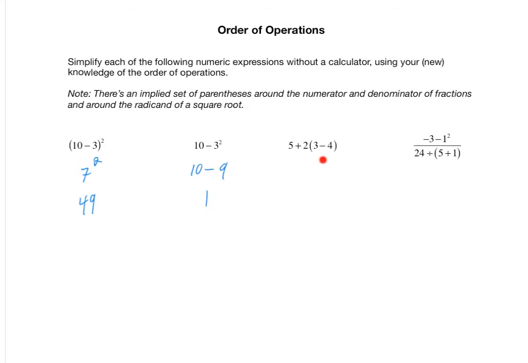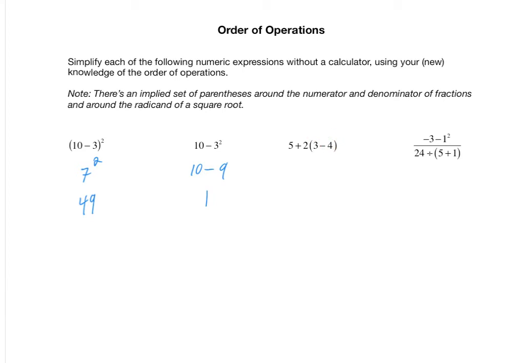Let's take a look at this one here. In this case, we've got three operations. We've got addition, there's multiplication here between the 2 and that expression in the parentheses, and we've got subtraction. Technically, multiplication would occur before both addition and subtraction, but again, someone is trying to tell me to do the subtraction first. That's why the 3 minus 4 is put in parentheses.